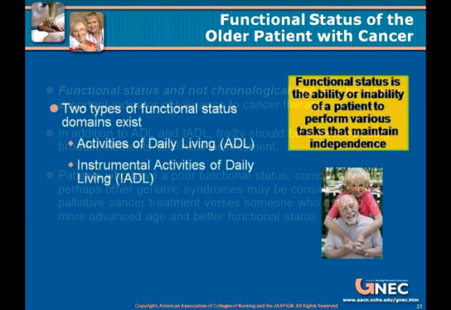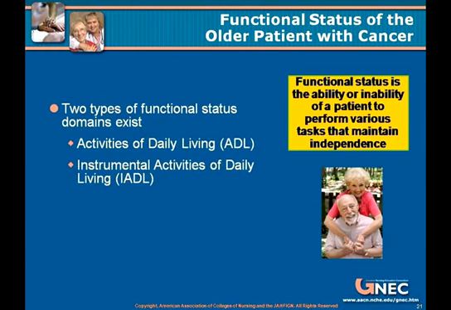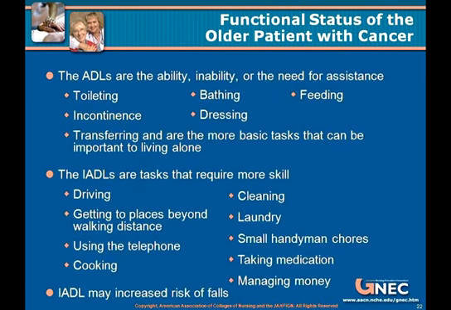Now, functional status can be measured in several ways. There are the standards of functional status assessment, which is a self-report measure of activities of daily living, as well as the instrumental activities of daily living that look at more fine, independent issues such as driving, fixing meals, going shopping. Those things are very important.